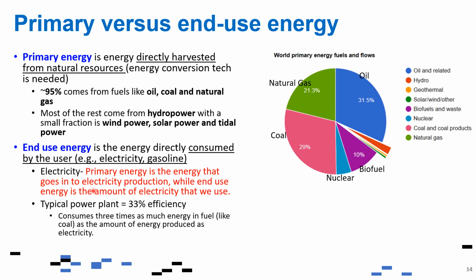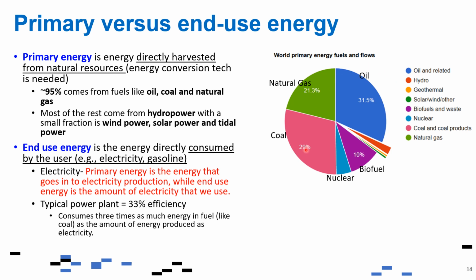And so the typical power plant is around 33% efficiency. So what I mean is that the primary energy coming from here consumes 3 times as much energy in fuel, like coal, as the amount of energy produced as electricity. It means that the energy coming from here is degraded or smaller when it comes to end-use energy.